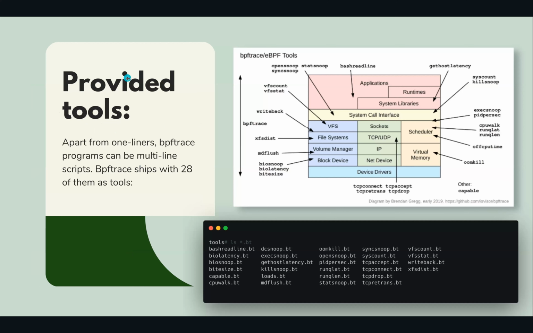So those were the one-liners and the script. If you go to the repository of Bpftrace, there are multiple tools for multiple use cases. If you want to check file systems, I think xfstest is one of them. And if you want to track any TCP related issues, there are multiple scripts called tcpaccept and tcpconnect, which have a particular use case.